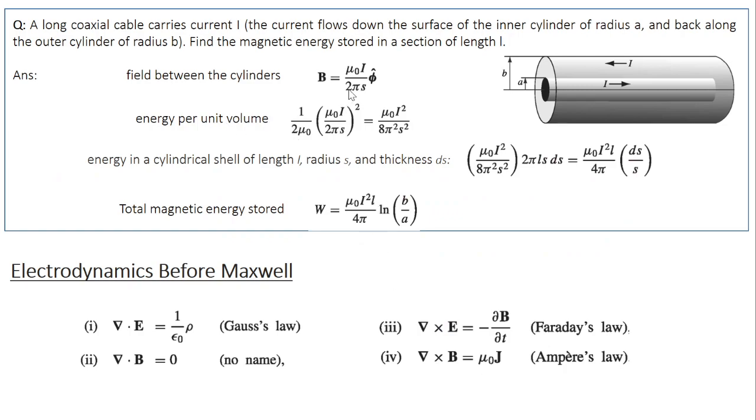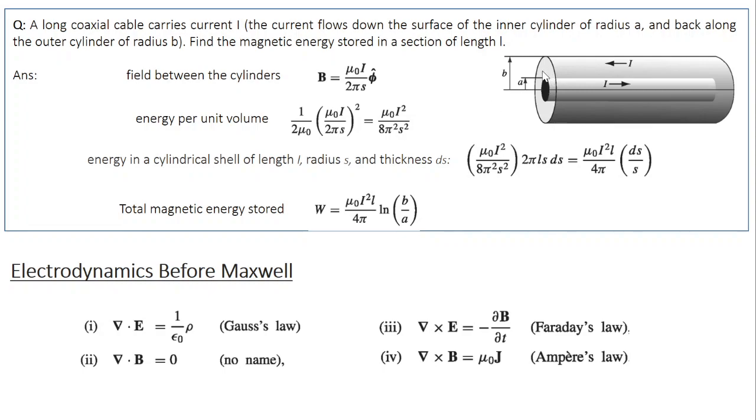Since B is mu naught I over 2 pi s, this is equal to 1/2 mu naught I by 2 pi s whole square, which is mu naught I square divided by 8 pi square s square. So this is energy per unit volume.